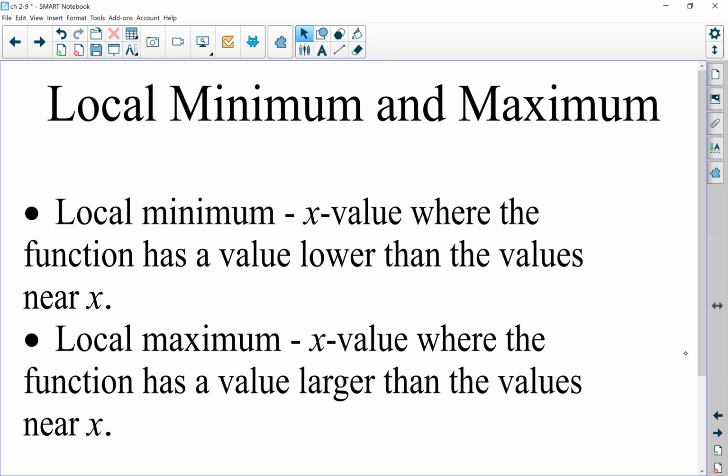Probably a bad example. If I did x squared minus 2, that might be a little bit easier. It has a minimum of -2 at an x value of 0.